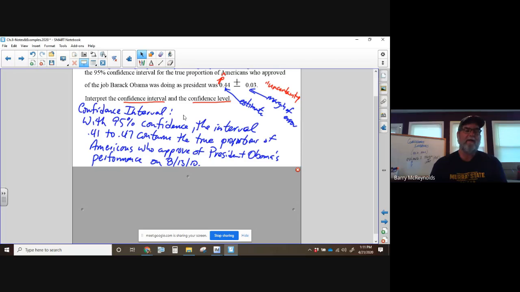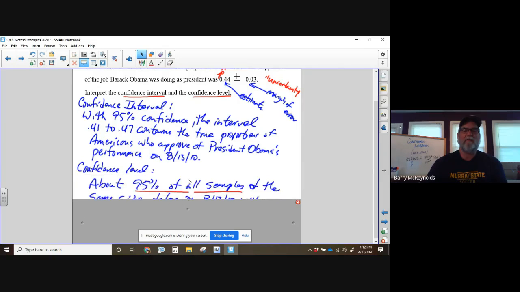We don't know where it is in that interval. All we know is that with 95% confidence, we think it's somewhere in there. The true proportion, or the true p, is somewhere in that interval. Okay. Confidence interval, I think, is a little bit easier for us to grasp. Let's talk about confidence level for just a minute.